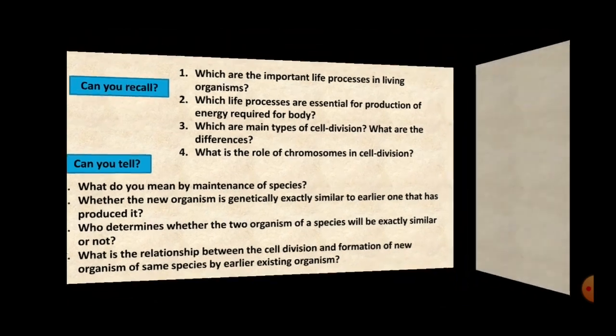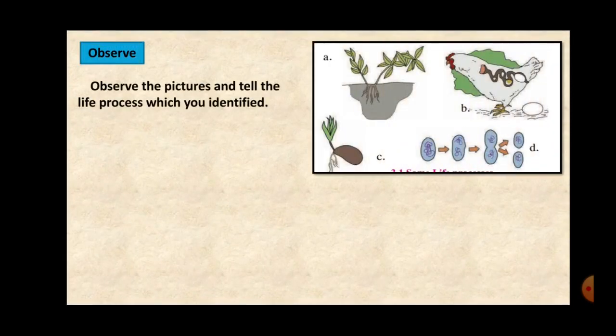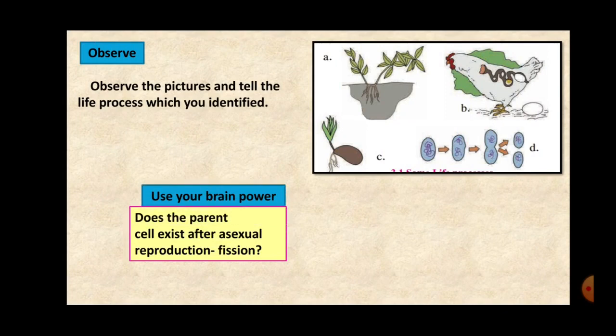Now, you can see the picture, okay? A, B, C and D. In A, you can see a plant and its twig or branch is shown with rootlets, right? This shows that this is vegetative propagation because the new plant is produced by the stem.